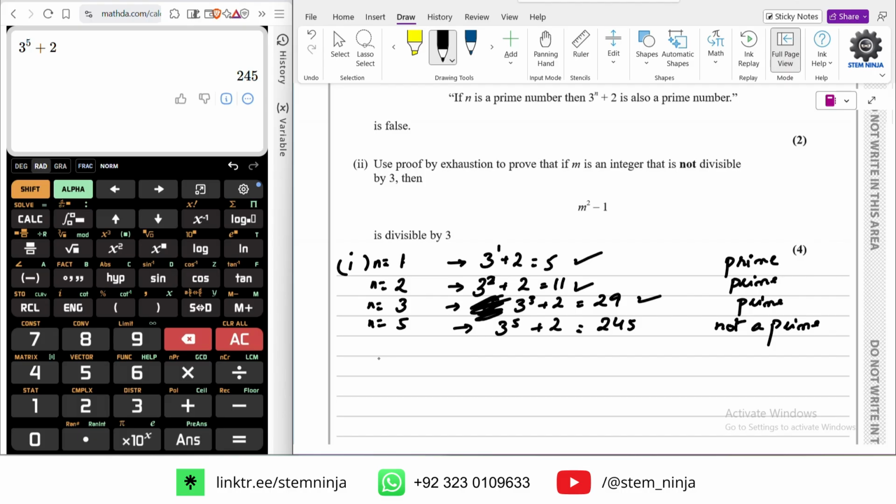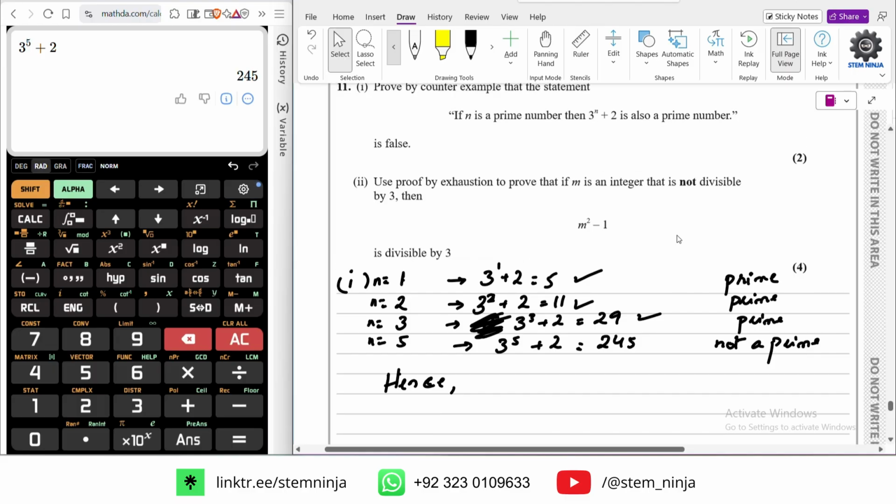So hence we can say this rule is not true. Actually, we can use a full statement over here.